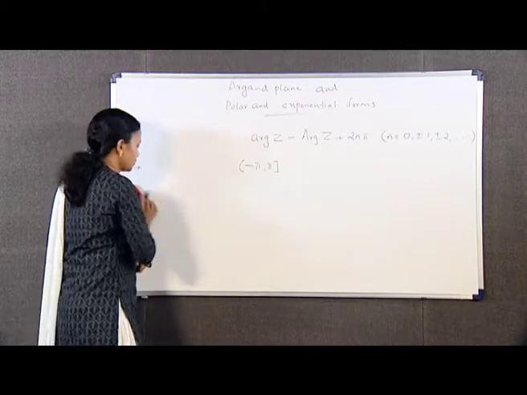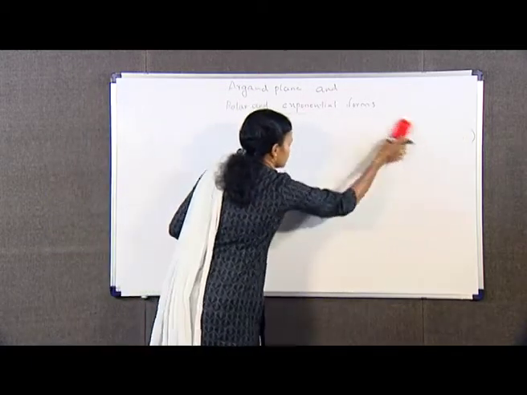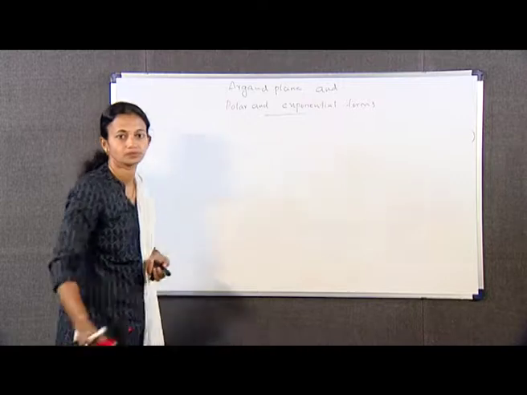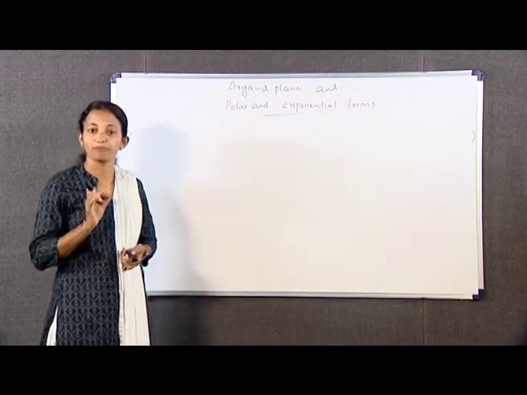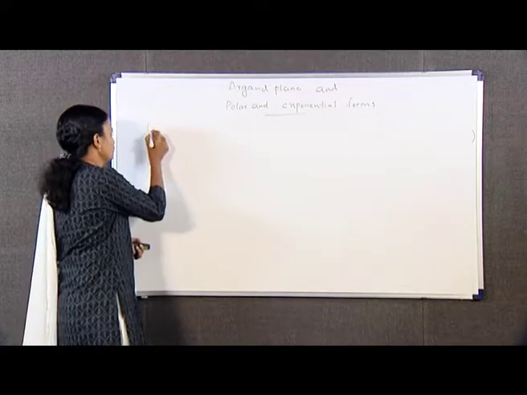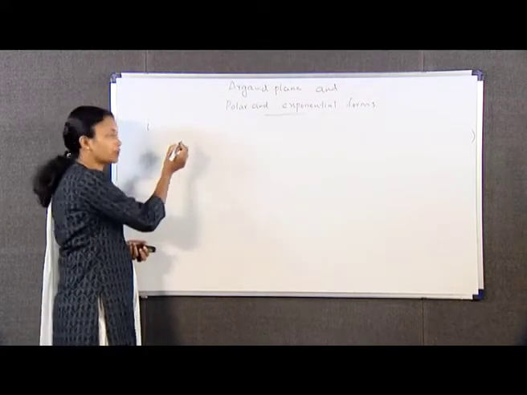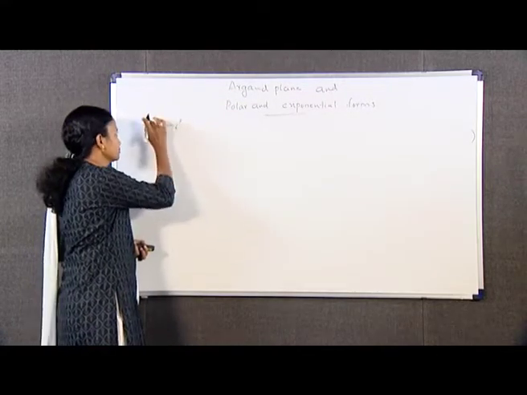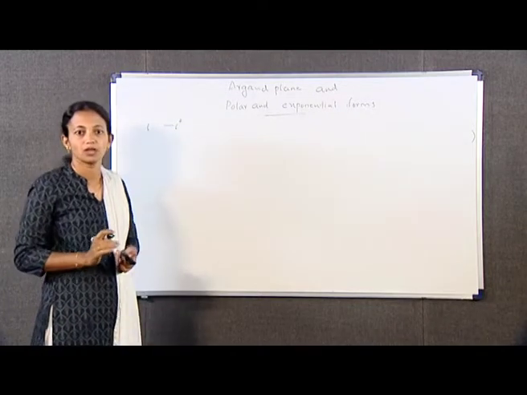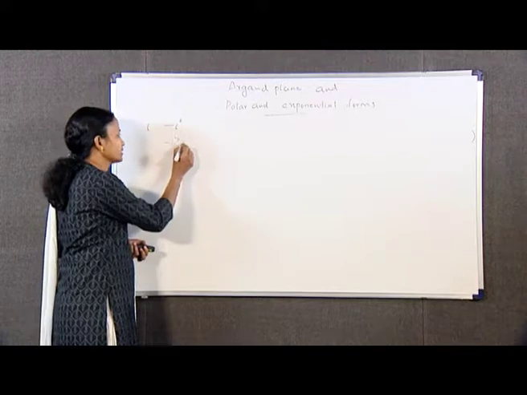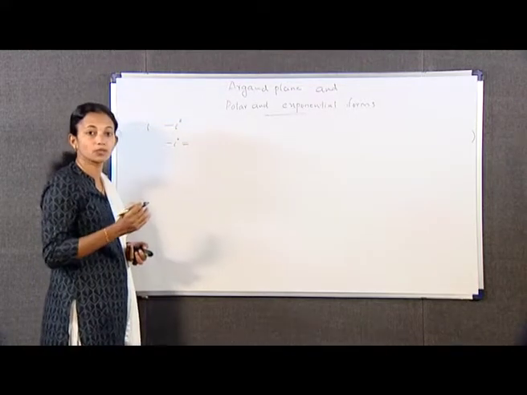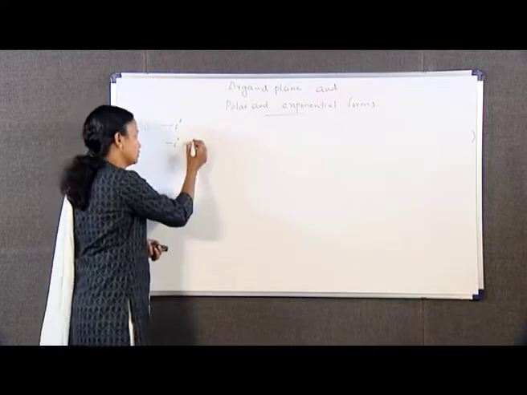Next we have an example. Find the principal amplitude of minus i. First one, principal amplitude of minus i. Note that we can write minus i is equal to 0 plus i into minus 1.